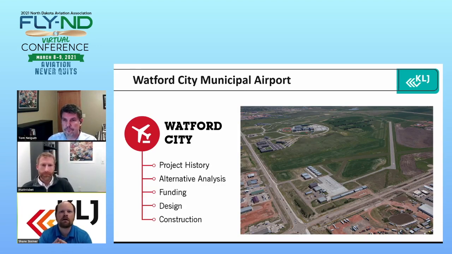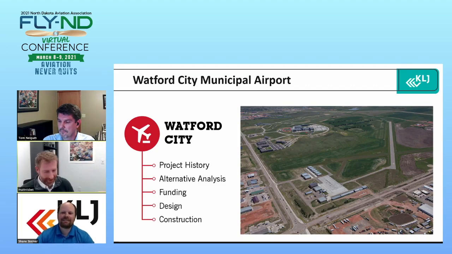So Matt will take you through those, and then I'll come back and circle around with what the funding scheme looked like, some of the design challenges that were met with the project, and finally some of the construction progress to date, and how we look for wrapping up the project. So I will now hand it over to Matt, our expert planner for the project, who literally put blood, sweat, and tears into the project.